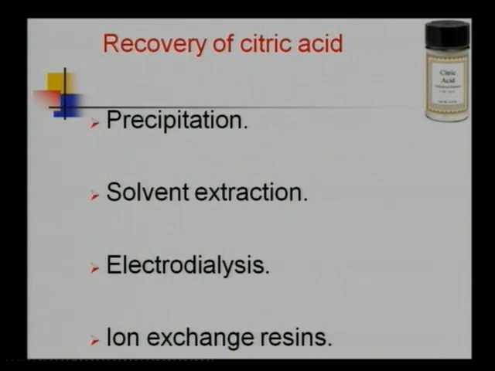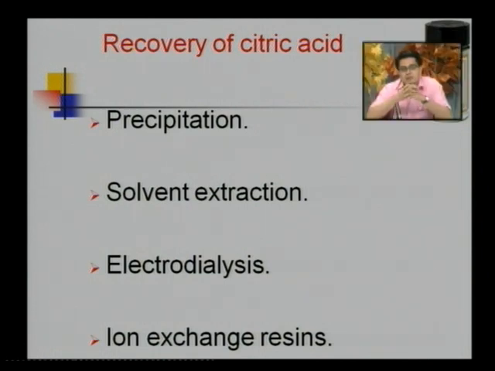Downstream processing usually aims to recover our desired product, that is citric acid, from the fermentation broth, and there are 4 methods, as you can see from the slide, available for recovery of citric acid.